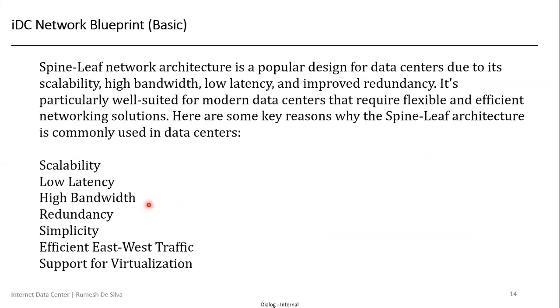High bandwidth utilization can happen inside the spine leaf architecture, with good redundancy, simplicity, and efficient east-west traffic transfer, and support for virtualization. If you are going to build a cloud architecture, definitely you may use the spine leaf architecture. It is really helpful for virtualization. Nowadays in present data centers, most personnel are using Cisco products, the Cisco Nexus series, to implement the spine leaf architecture.